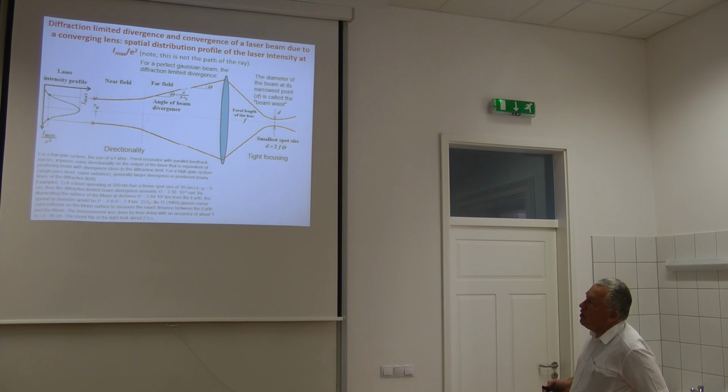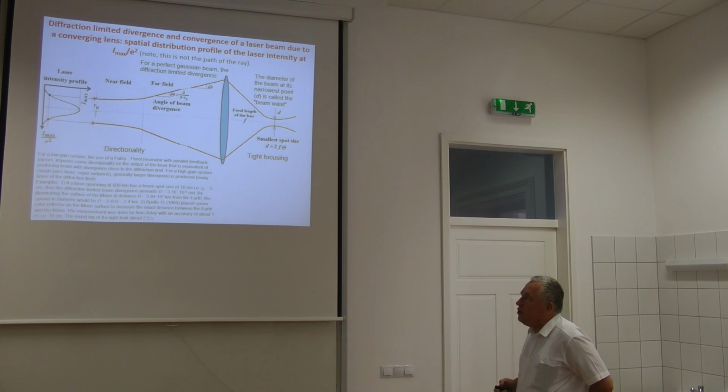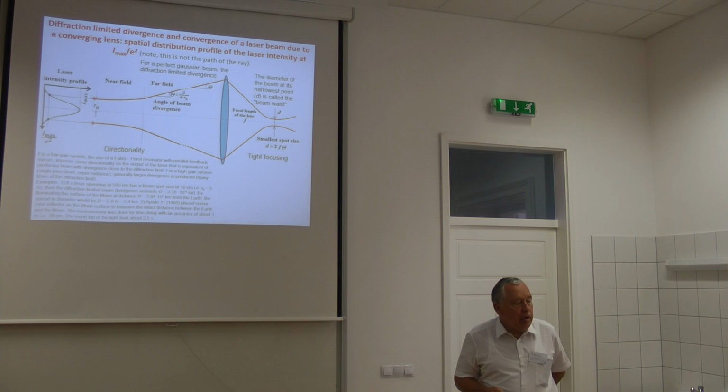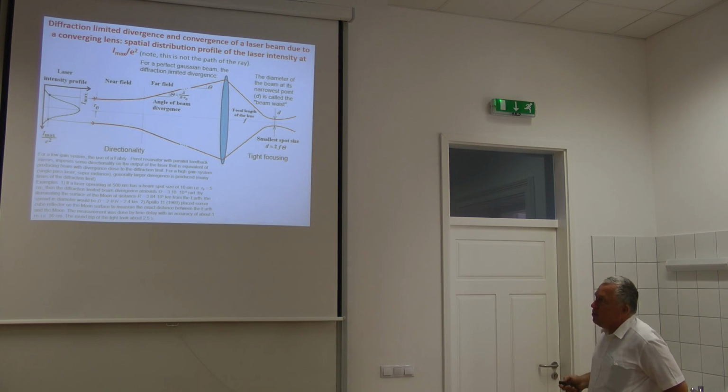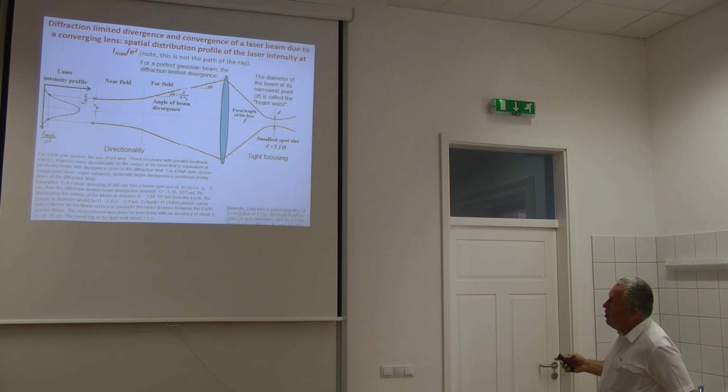Here I took two examples just to get acquainted with this type of calculation. How can it be handled and what does it mean actually? In the other case, when we focus the beam by a lens of f-number, say 2, this means the focal length is twice the lens diameter.